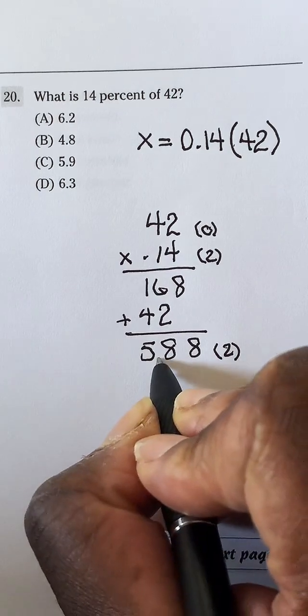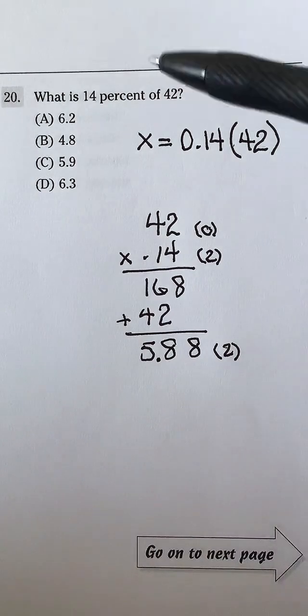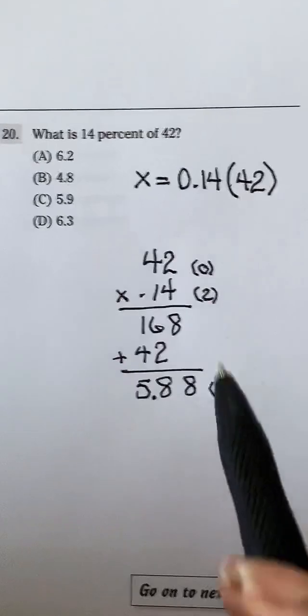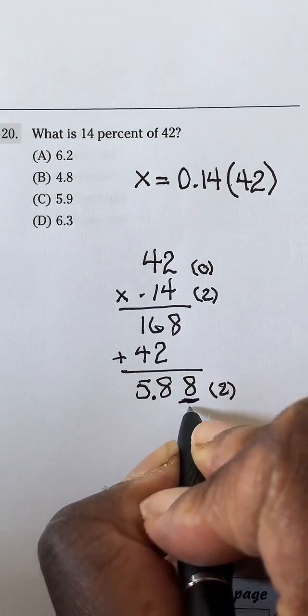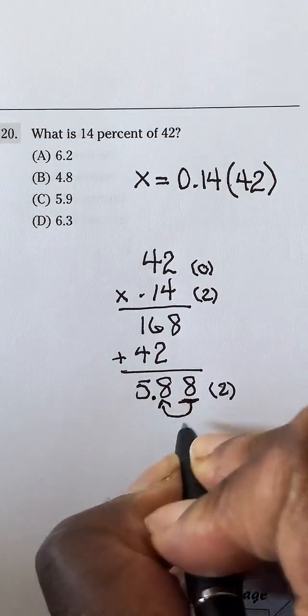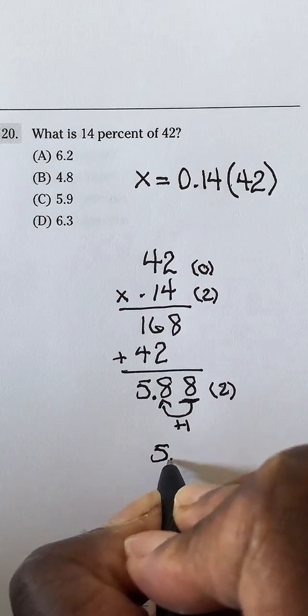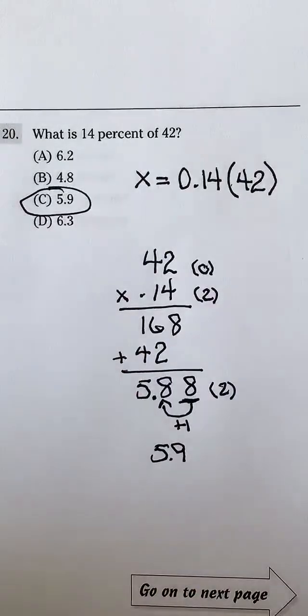So my decimal place is in between the 5 and the 8. But noticing my answers are in the tenths, that means I need to round this. Since this number is 5 and above, I'm going to give it a shove and add 1. So that's how we get our 5.9, which our answer is C.